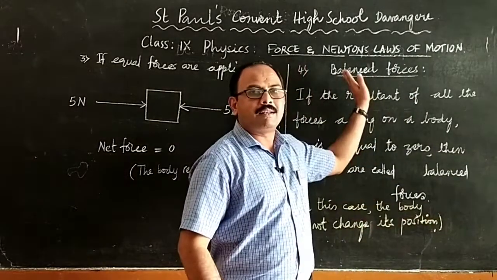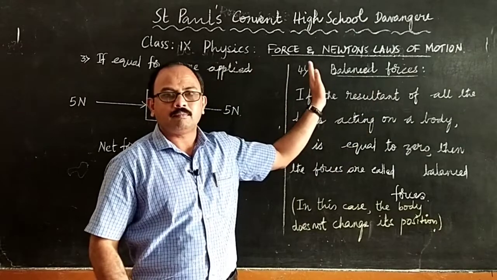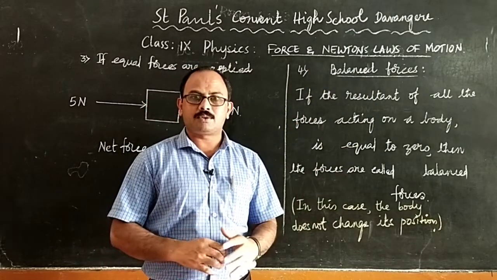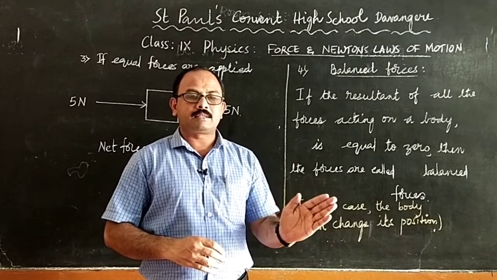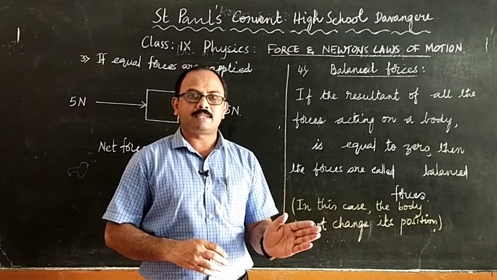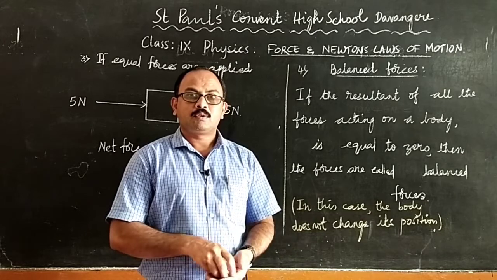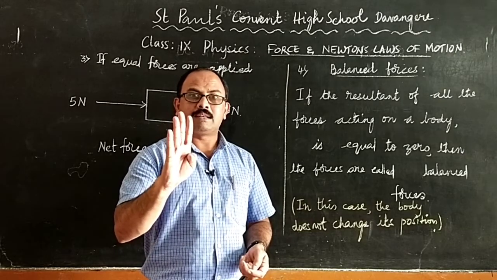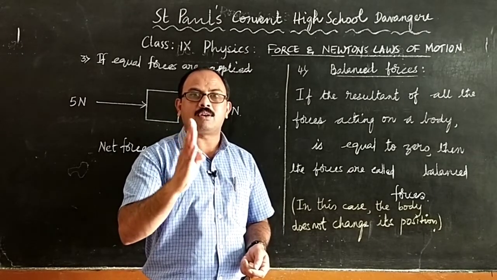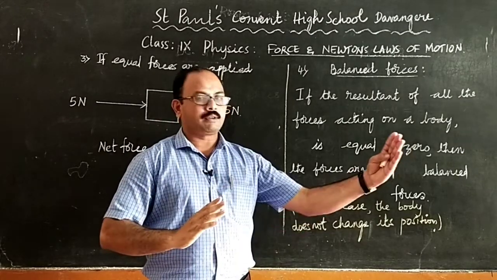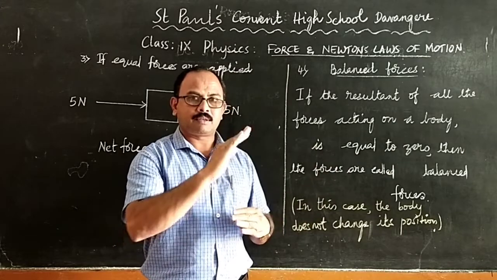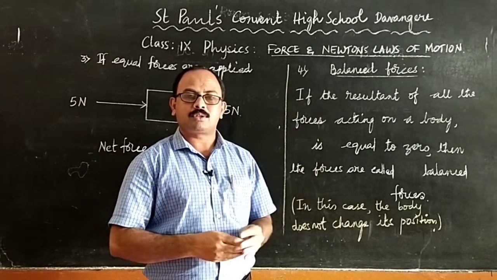I have taken balanced force. What do you mean by balanced forces? When an object stays at rest on the ground, for example, what we have seen was a football, four types of forces will exert on the ball: force of push, force of friction, force of gravity, and the normal force.